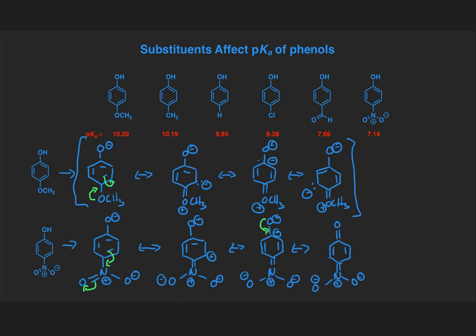And of course, we can bounce that positive charge one more time around the ring. It requires two arrows from that resonance structure to get to this.